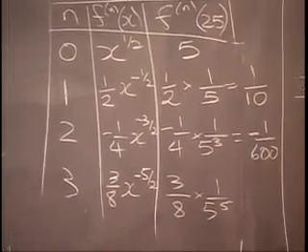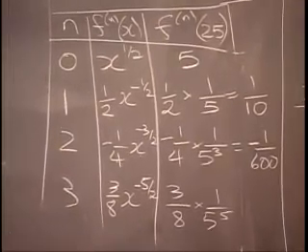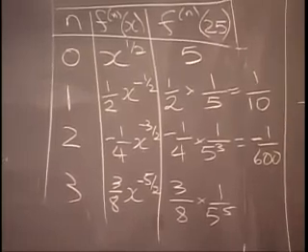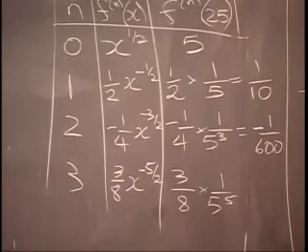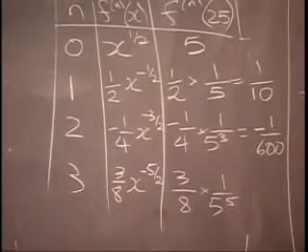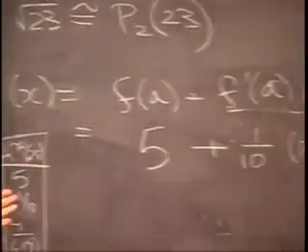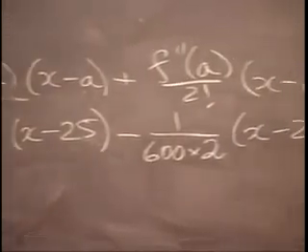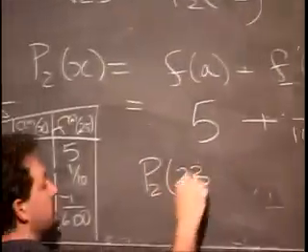I get 5 plus 1/10 x minus 25 minus 1 over 600 times 2 factorial, which is 2, x minus 25 all squared. So root x is actually, this is a good approximation for root x, for any x near 25. But in my particular case, I want 23.